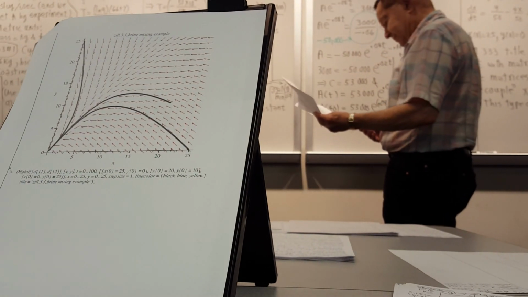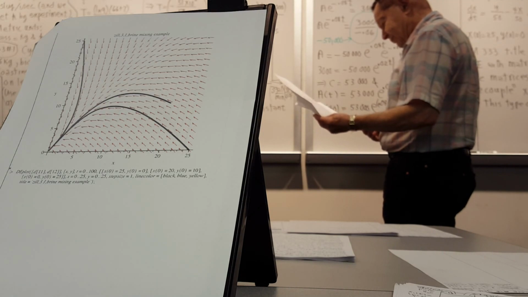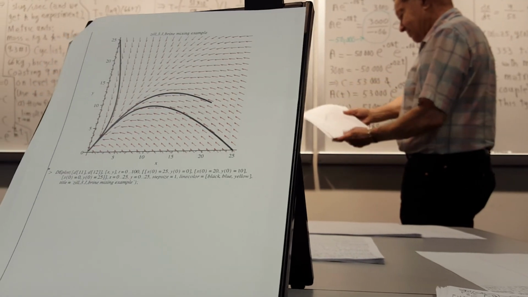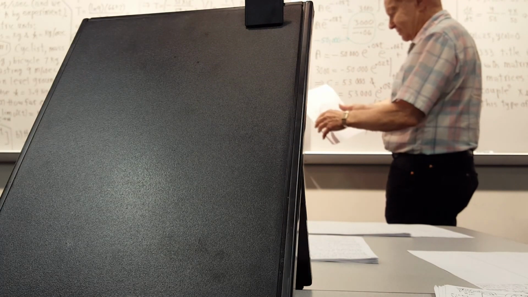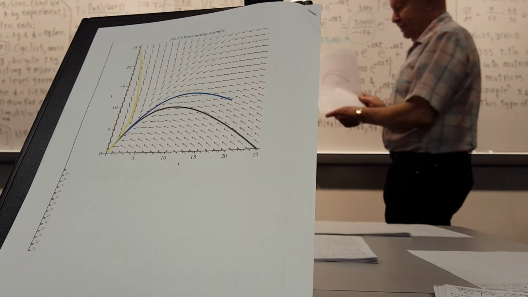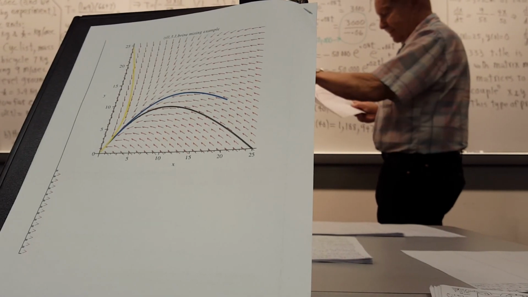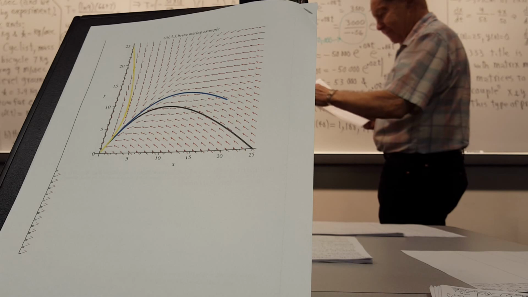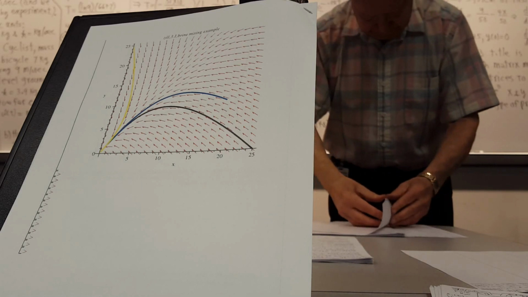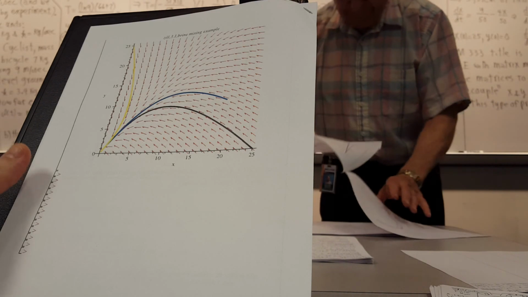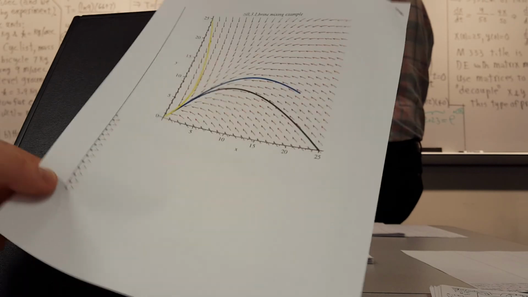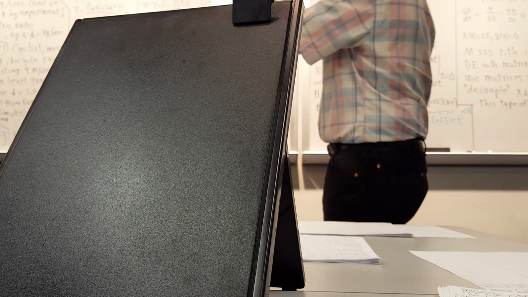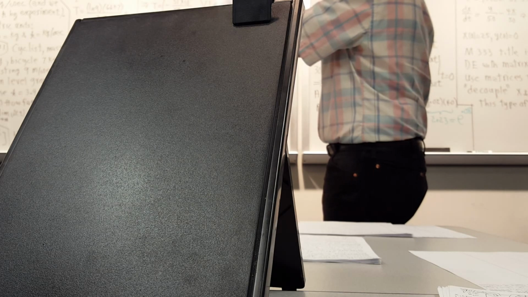And then the second thing I've done is, well, no, it's the same assumptions, but what I did was I colored the curves, so you can tell which curve is which, and on the back page there's the yellow and the blue and the green. If you look at what I typed in the command, it says color, black, blue, and yellow.